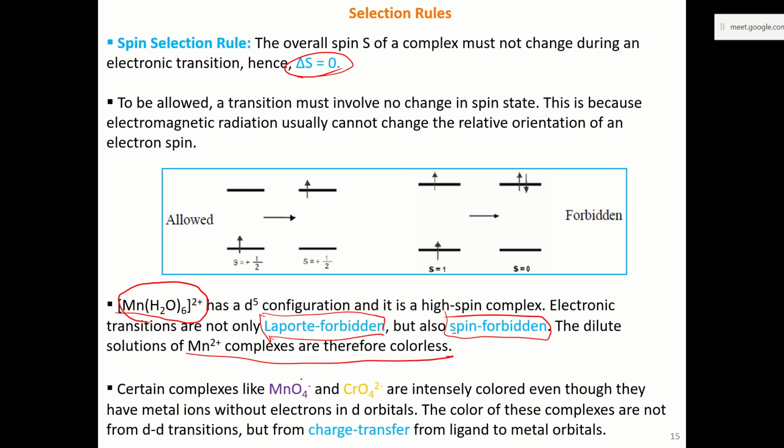But when you go for permanganate and chromate ions, they are intensely colored, even though they have no electrons in the d orbitals. So a d0 system, but still they have color. So these are charge transfer. We will discuss this later.